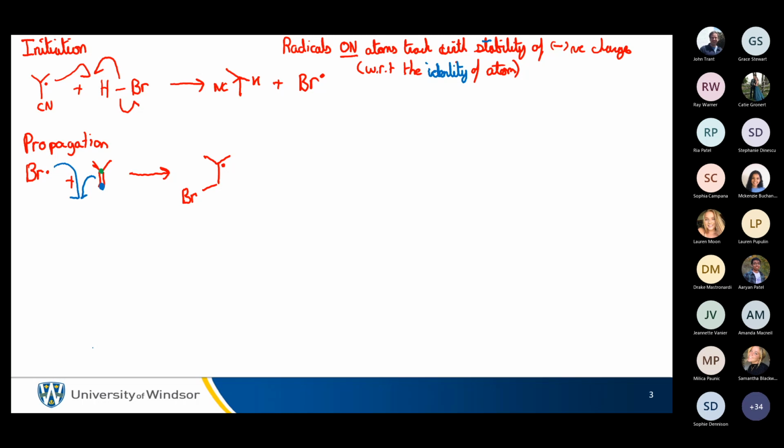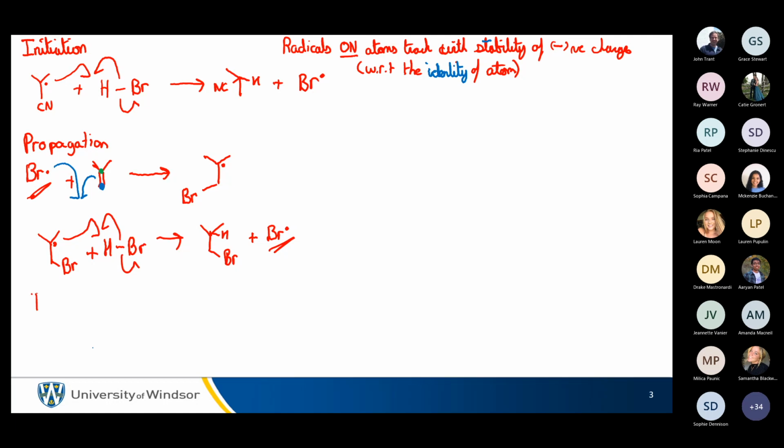Now you have another radical, and it reacts with the weakest bond in the entire system, which is HBr. And we know we're done with propagation because we're back where we started.